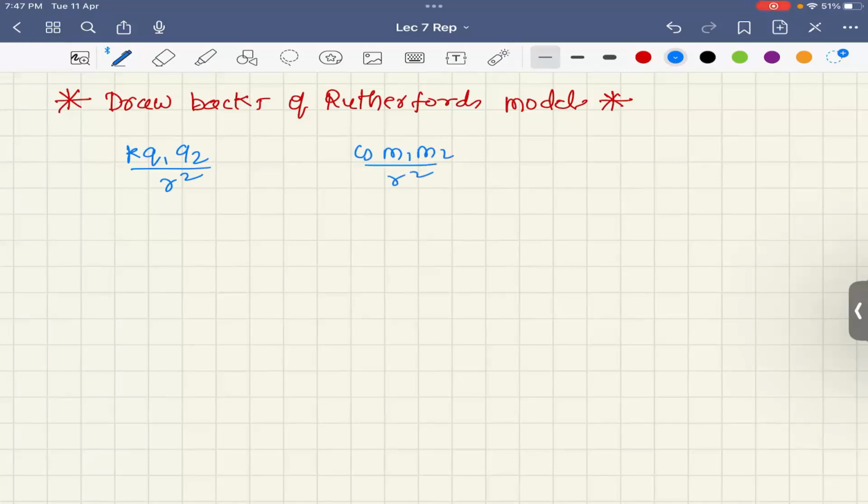Where G is the gravitational constant and r is the distance of separation between the planets. However, there is an important difference between the solar system and the nuclear model. The electrons have extremely small mass and are negatively charged, whereas planets are massive and neutral, right? The planets revolve in well-defined circular paths around the sun, right? So this is also true.